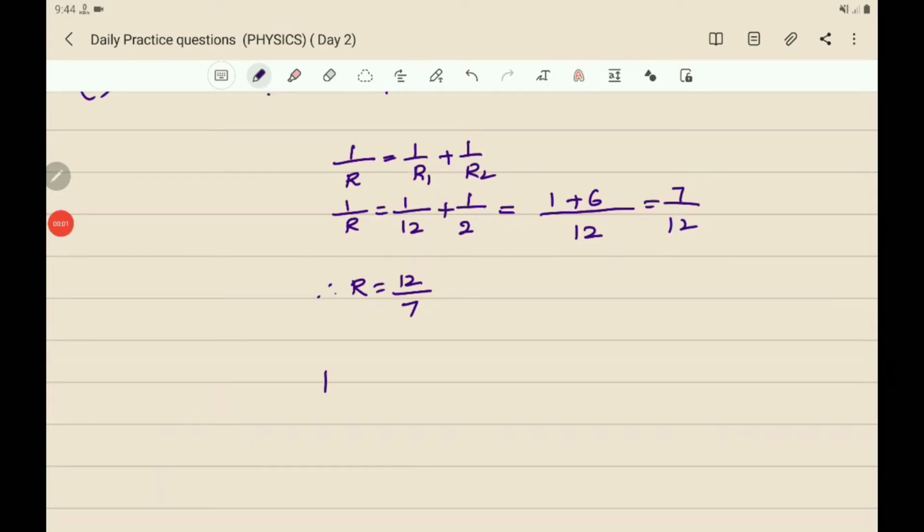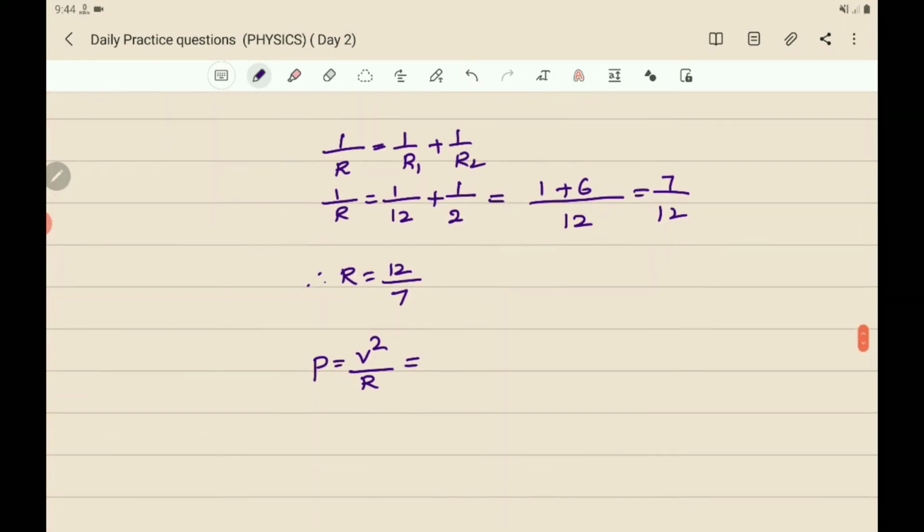Then you write P equals V square by R. V is 4 volt, so you write 4 square by R. R is 12 by 7, that equals 4 into 4 into, take the reciprocal, that becomes 7 by 12.